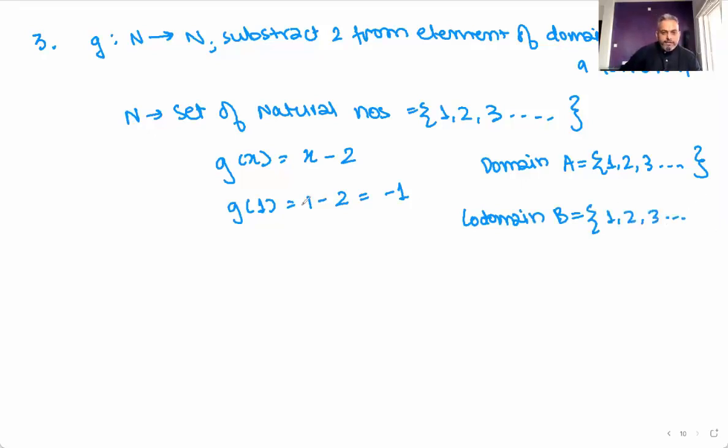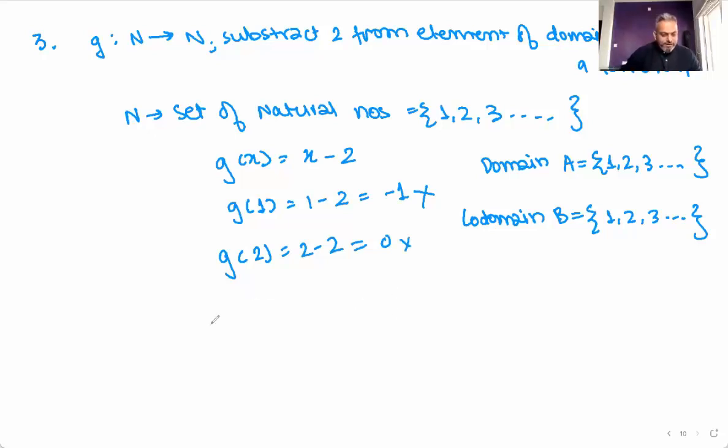So here you can see for domain 1, element of domain A, for this 1 we are not having a corresponding image or outcome as -1. Let's check out some other numbers. G of 2 is equal to 2 minus 2, which is equal to 0. So -1 is not there, 0 is not there.